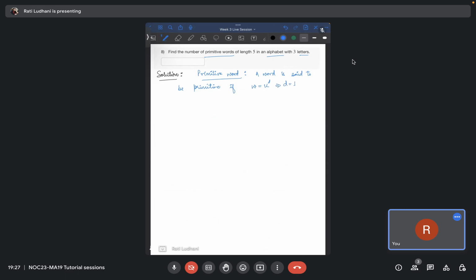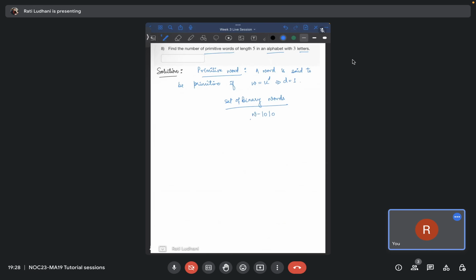So what does this say? For example, if you have binary words, you are in the set of binary words. So you consider this set. Now what can you see here? For example, if you have 1010 as your w, you can have any number of elements in the chain.